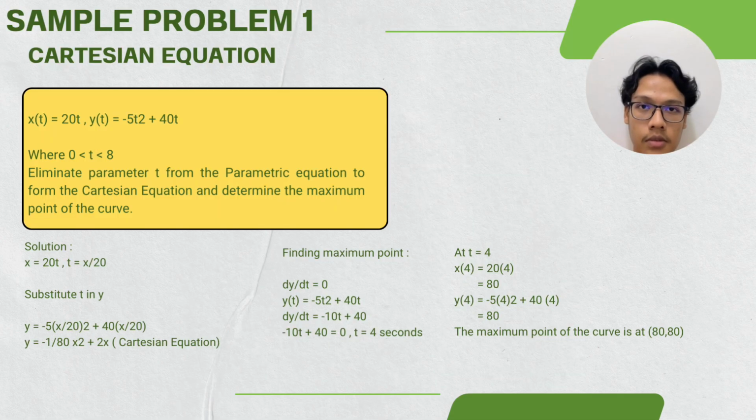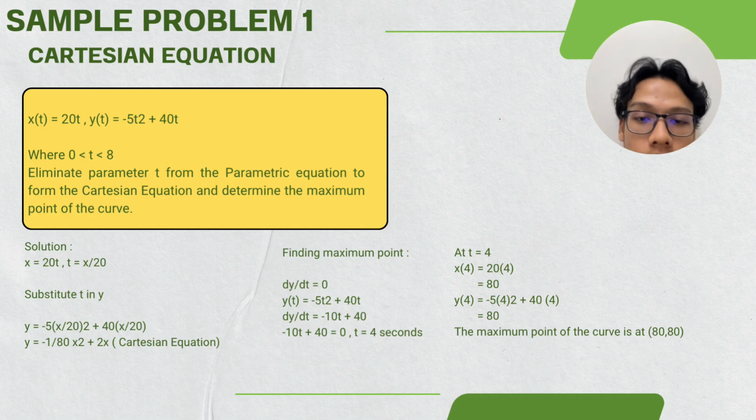Moving on to sample problem 1, where we need to find the Cartesian equation from the parametric equations and determine the maximum point of the curve. To find the Cartesian equation, we first eliminate the parameter t. We express t in terms of x and substitute it into y. We get y equals negative 1 over 80 x squared plus 2x.